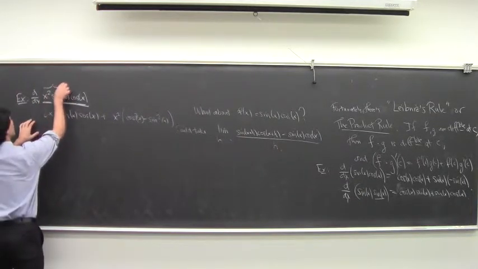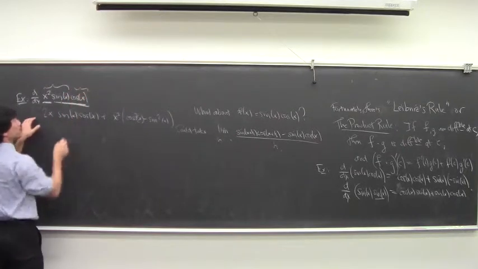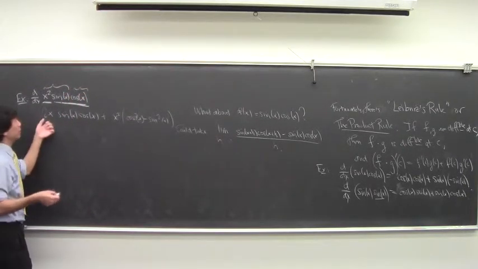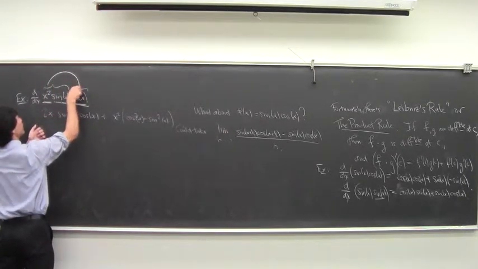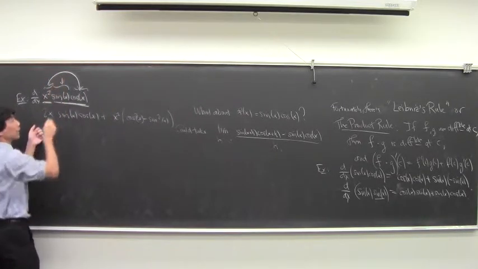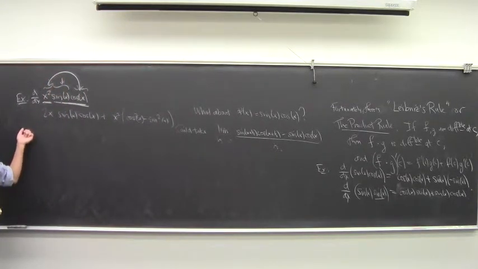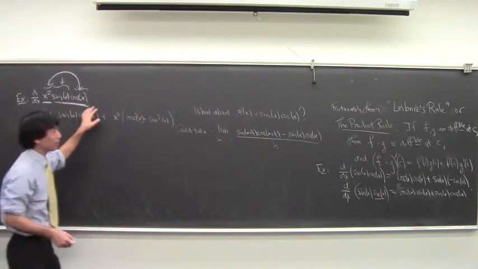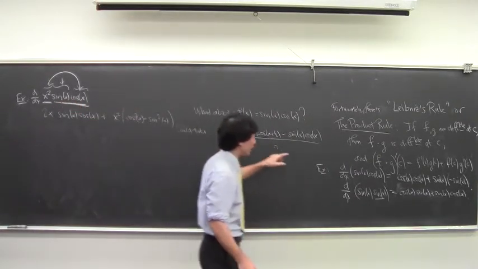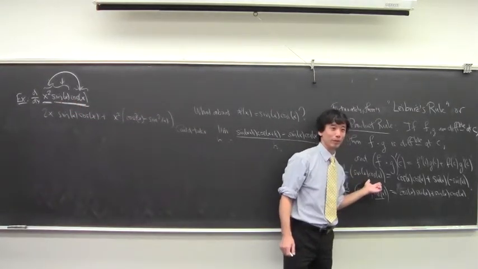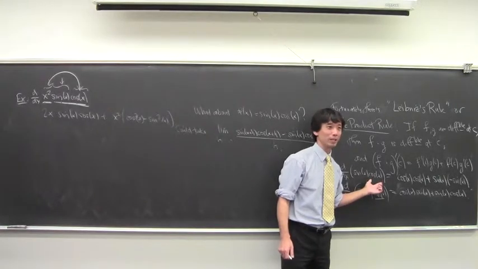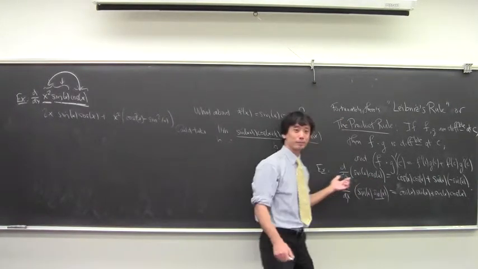You could have said, I'm going to take this as my first function and this is my second function. That would also go. Or you could have taken this guy as your first function and this guy as your second function. That would also go, right? But the reason for doing this is because we've already calculated the derivative of this thing over here, so why not take advantage of that?